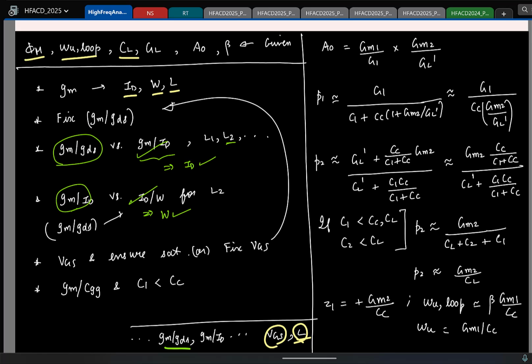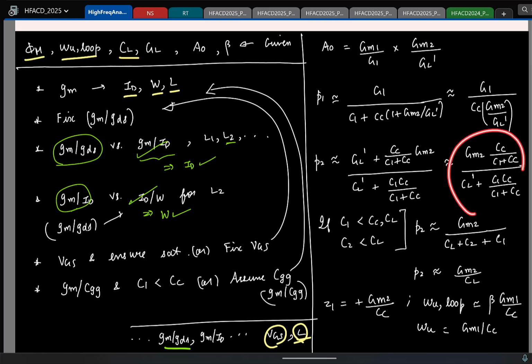Once again, if you find this is not happening for your design example, you can start by assuming some C1. If you assume C1, that is, CGG is assumed, and you know the value of GM, then GM by CGG is now fixed. So once again, you can start by fixing GM by CGG. That way you can use the exact expression for your second pole, because you know the value of C1 also.